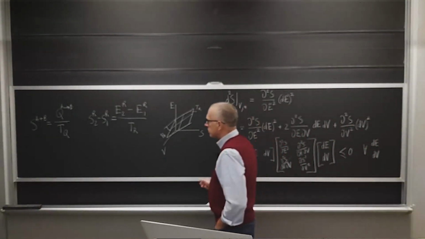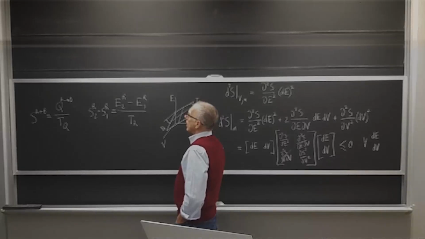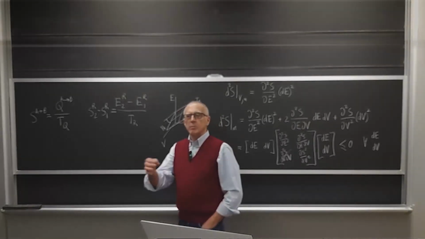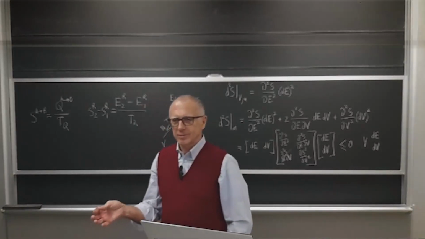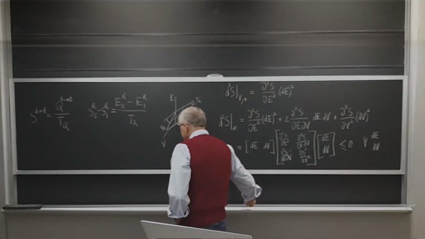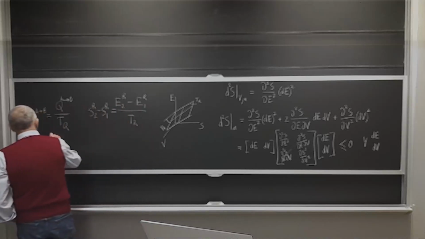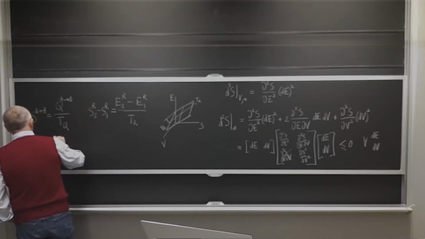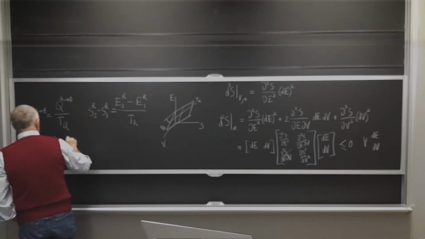So when is a matrix, let's start with positive, when is a matrix positive definite? I have a matrix A11, A12, and let's make it symmetric.